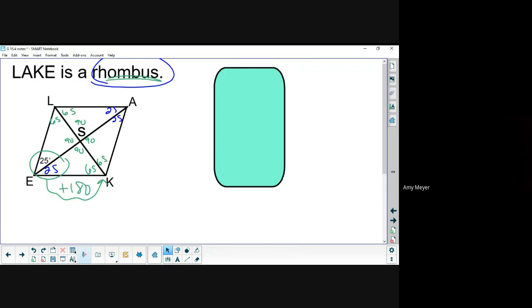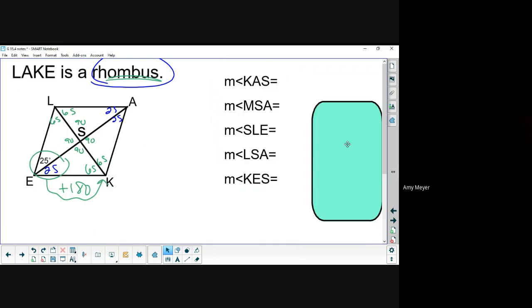The diagonals are perpendicular. All right, please list out these angles. So if it's perpendicular, it's just 90? Yeah, that's what perpendicular means. They intersect to form 90.